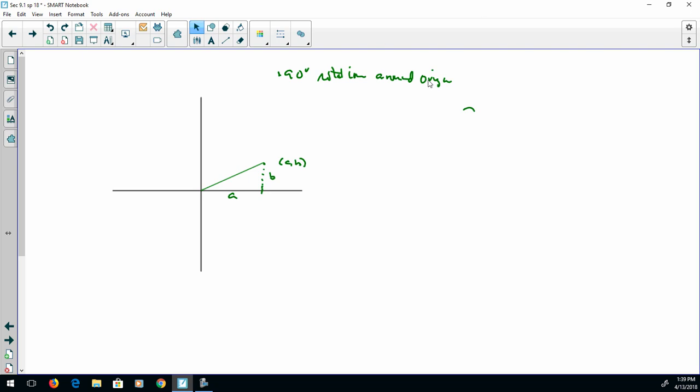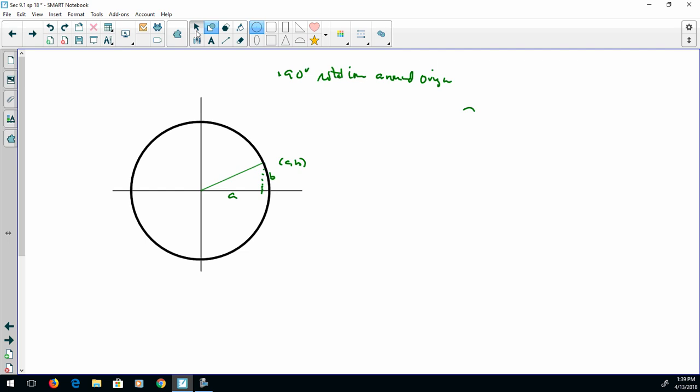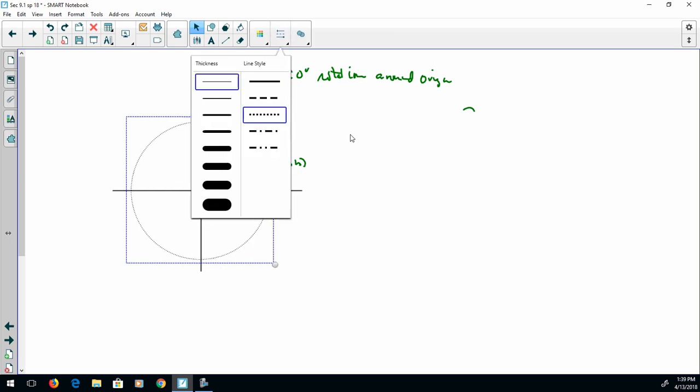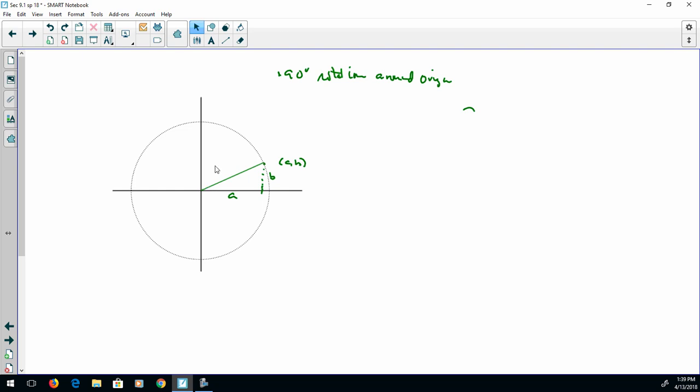And it's going to be 90 degrees from this. It's going to look like this, right? What's the coordinate then of this point? Well, the vertical coordinate here was what the old horizontal one was. And now this one, well, B used to go up. This is going to be minus. So a 90-degree rotation around the origin takes the point A, B to the point minus B, A.